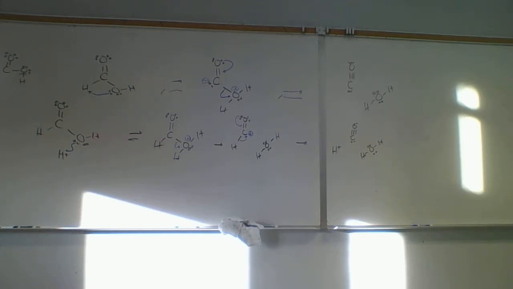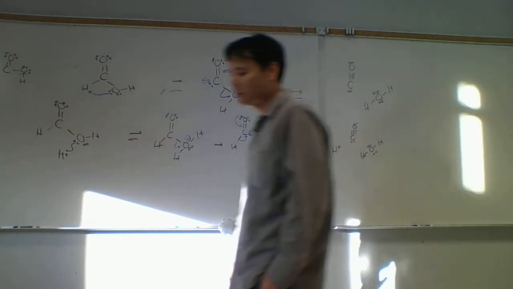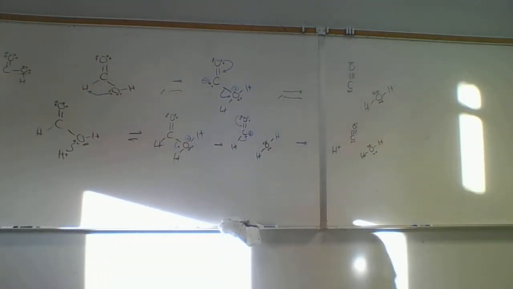But what happens if I add more hydronium to it? I upset the balance. And what Le Chatelier's principle says is if you upset the balance, then a reaction is going to take place to try to reestablish that ratio, try to reach a new position of equilibrium.